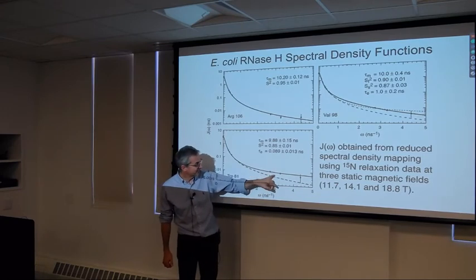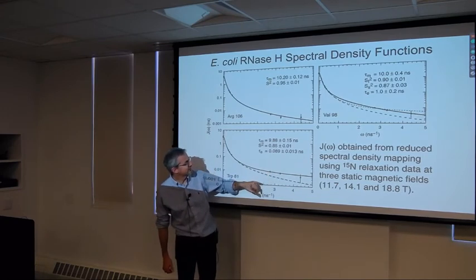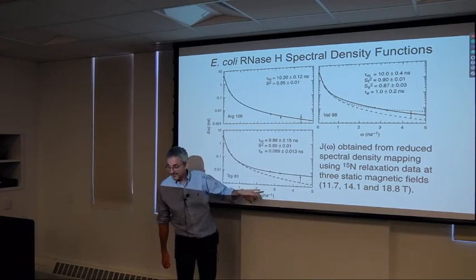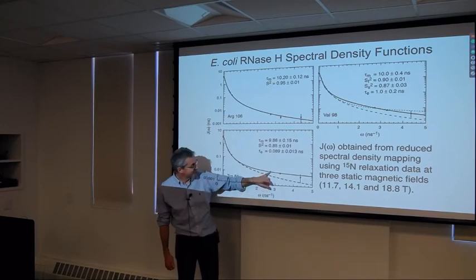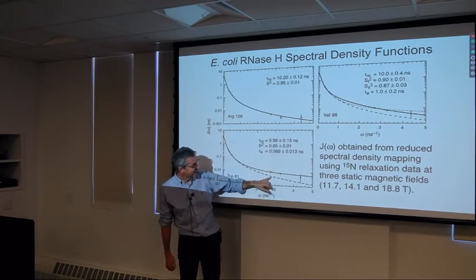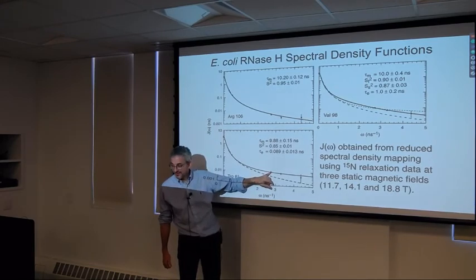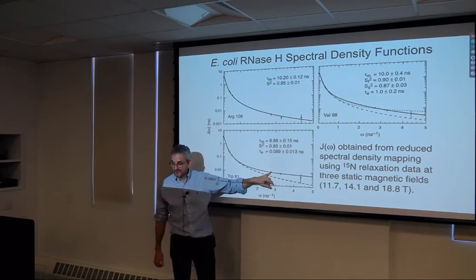So this represents, I forget what fields these are at, probably 500, 600, and 800 megahertz. So here, this represents an average of the spectral density at 450, 500, and 550.